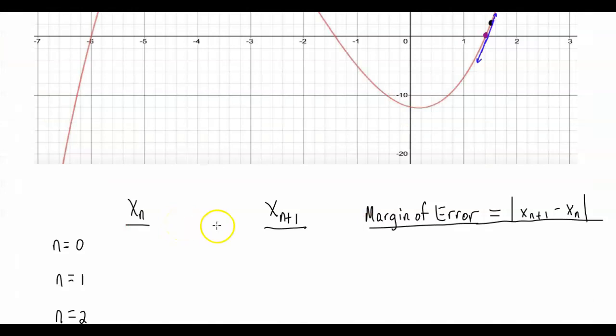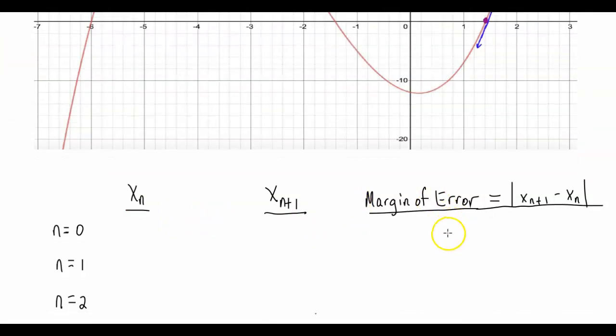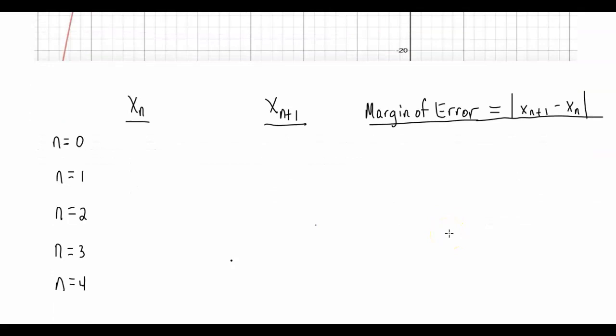Okay, so what we're going to do now is actually do the calculations that we were talking about earlier. And so just like how we did last time, we're going to start off with x sub 0 being 1. And I'm going to use this formula, x sub n plus 1 equals x sub n minus f of x sub n divided by the derivative of the function evaluated at x sub n to figure out what my x sub n plus 1 is going to be.